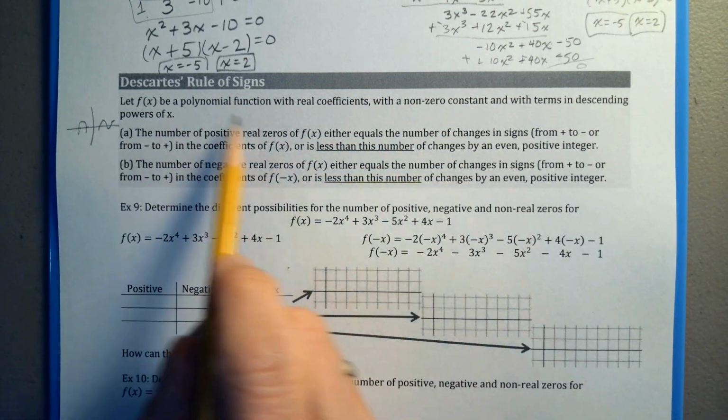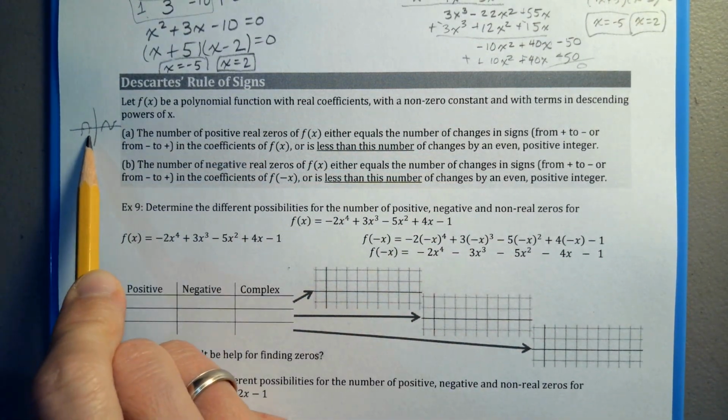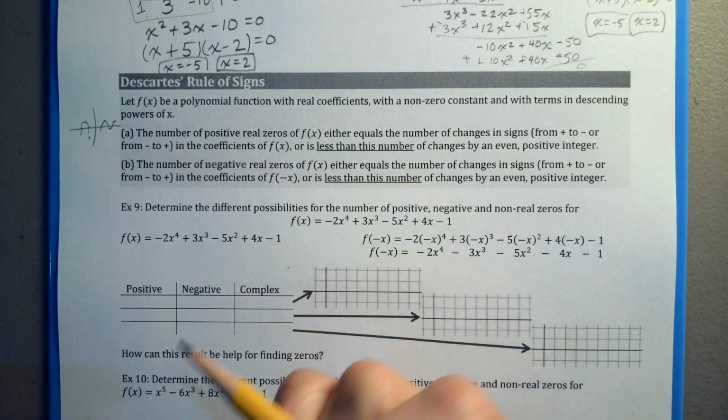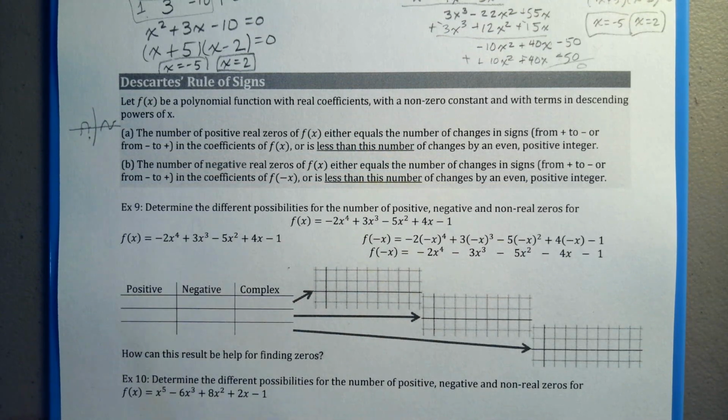If I can use this to determine that there are no negative real zeros, then when I do my synthetic division trials, I shouldn't be putting in any negative numbers. So it can sometimes minimize the number of trials that we have to go through in order to find our zeros. All right, so let's read through it.